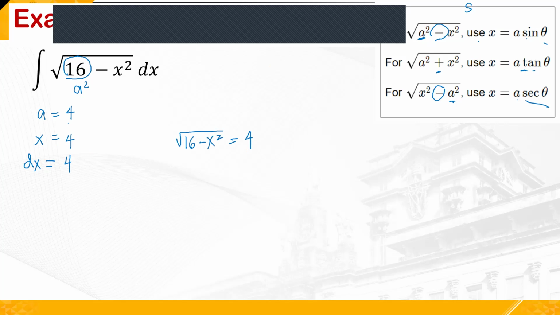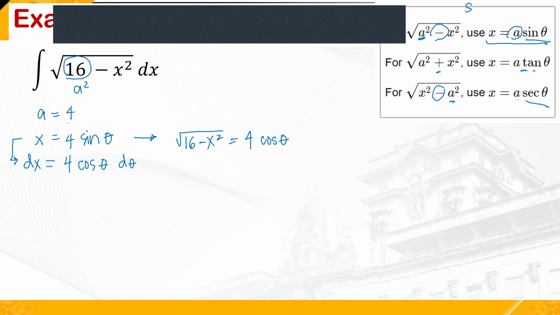So, sabi dito sa formula natin, 4 sine theta. Tapos ito, 4 cosine theta, d theta. Tapos yung ating radical becomes 4 cosine theta. Ito walang d theta kasi hindi tayo nag-differentiate. We just made use of trigonometric identities. Dito yung nag-differentiate tayo from this to this point.